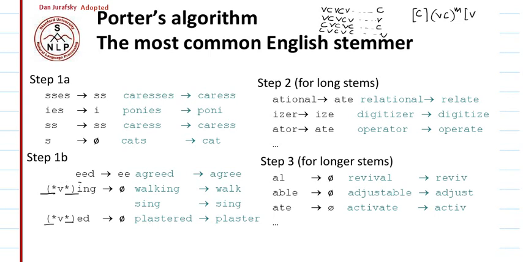But in case of some words like king, like spring and thing, you see that this ing is remaining here. Similarly we have some more rules.